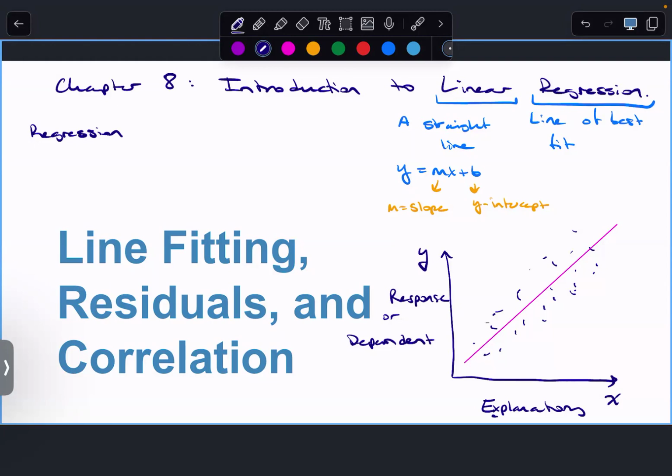So regression is when we are given a value of x and we use it to predict the value of y, where y is the response variable.